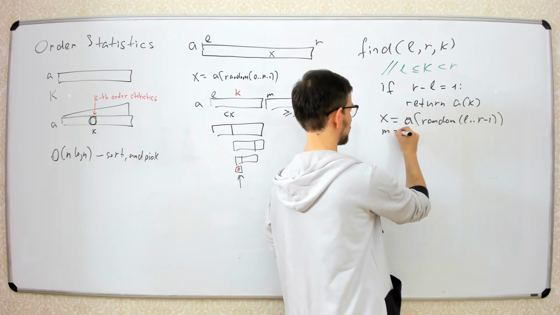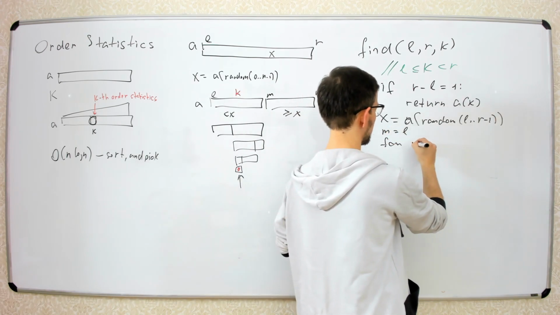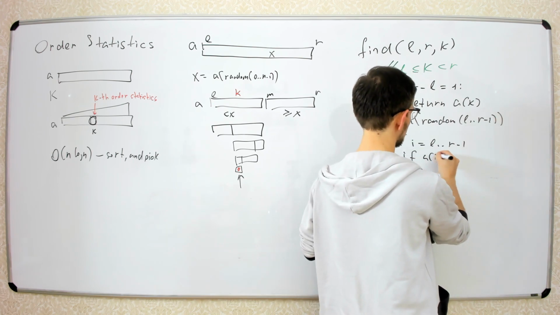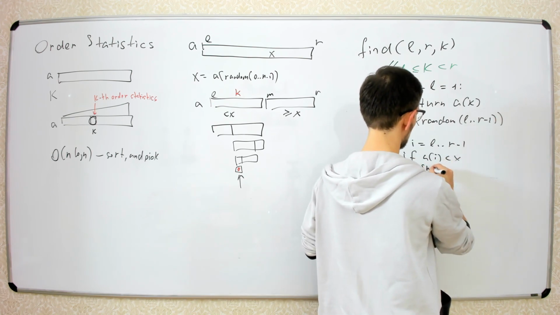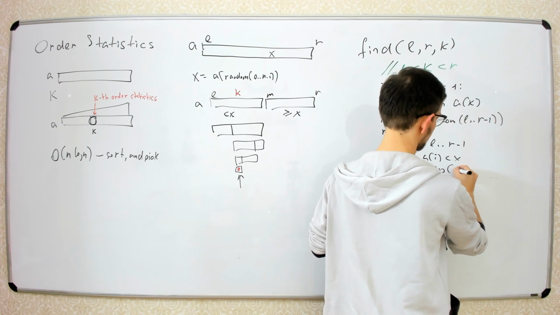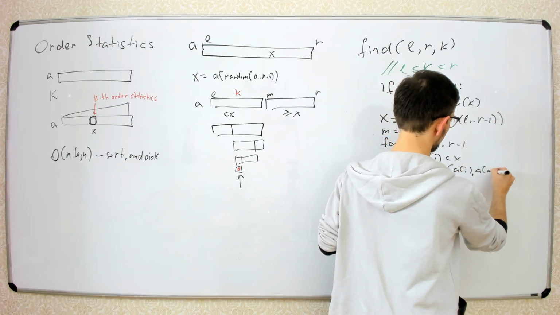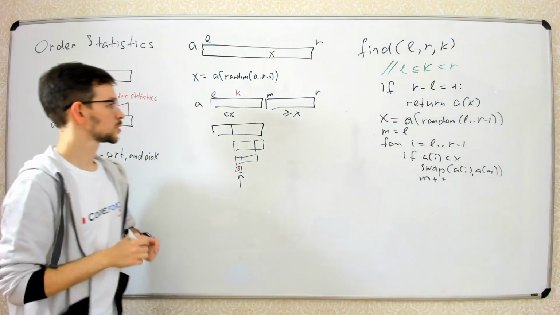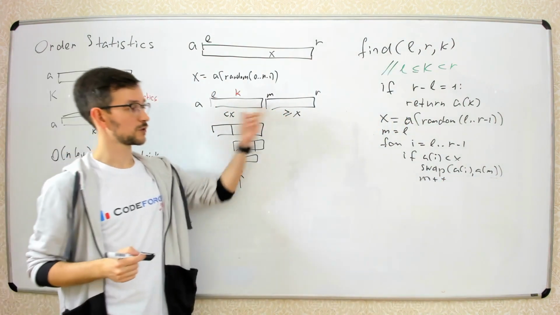We have M equal to L, for I from L to R minus 1. If the element is less than X, we swap and increase M. So we split the array into two parts, less than X and greater than X.